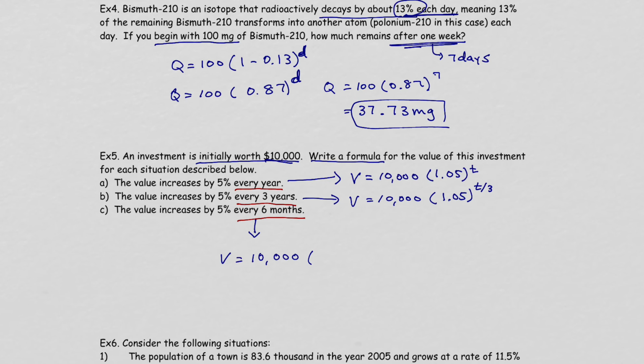That way you will get per year, which is going to give you 12 months. 1.05, so you're going to get 2t on that one. So that was the example of how you can adjust your times or period if you have a different way of expressing it.